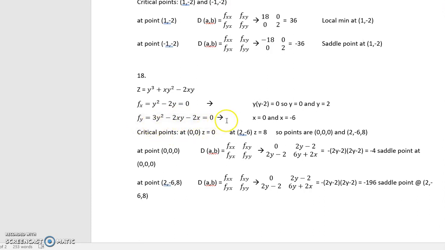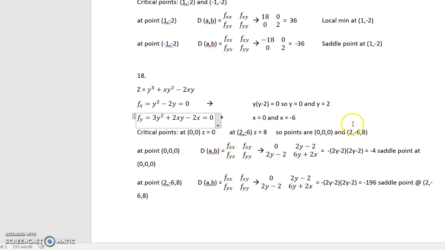So we put the 12 to the other side. We combine these two, we get minus 6x. So after plugging in 2, we have 12 over here, and minus 2x on this side, so we are left with negative 6. So our critical points are (0, 0) and (2, -6).